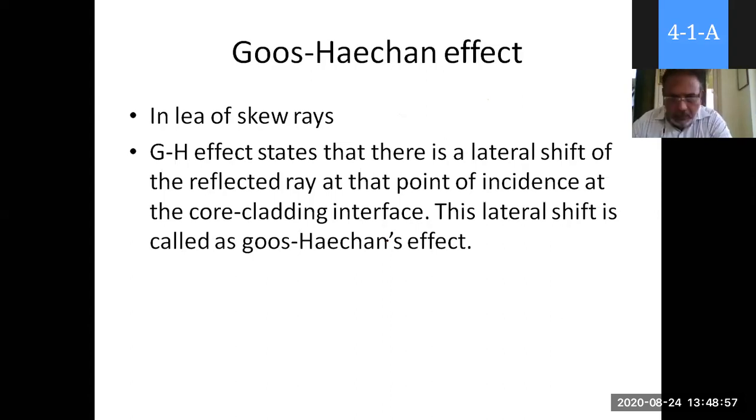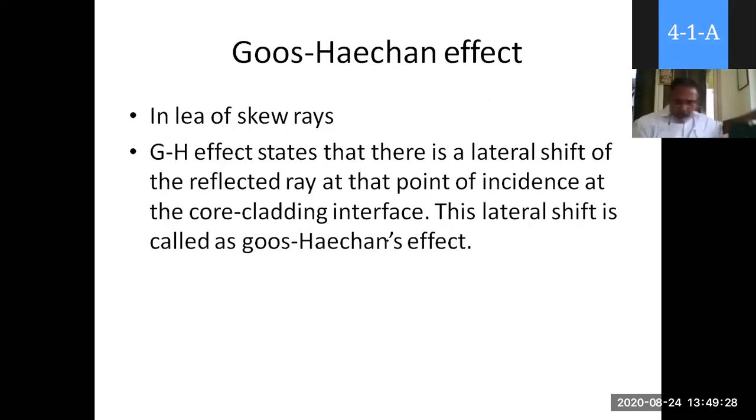Just based on the reflection, with skew rays. The GH effect states that there is a lateral shift of the reflected ray at the point of incidence at the core-cladding interface. This lateral shift is called the Goos-Hänchen effect.